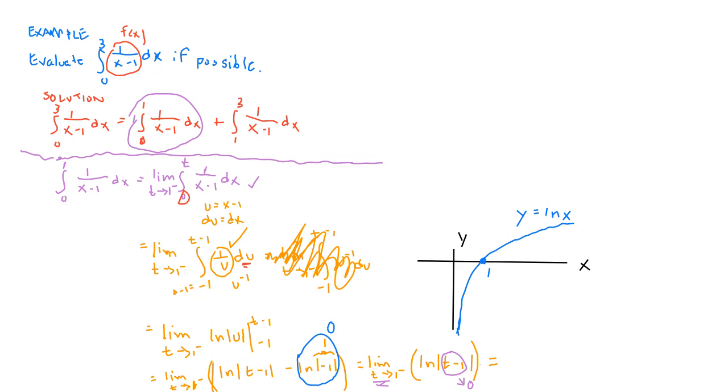So when you take the limit, what I'm saying is, the fact that t minus 1 goes to 0, what's the log of 0 go to?